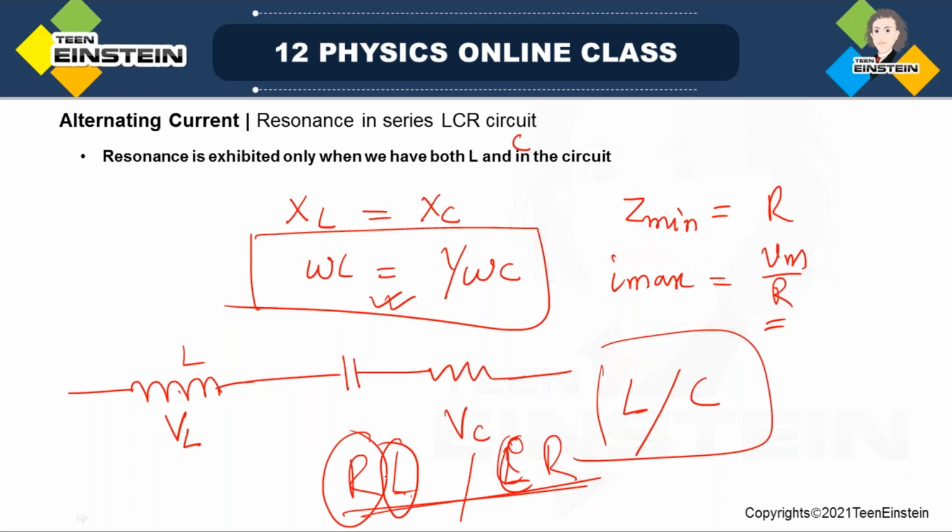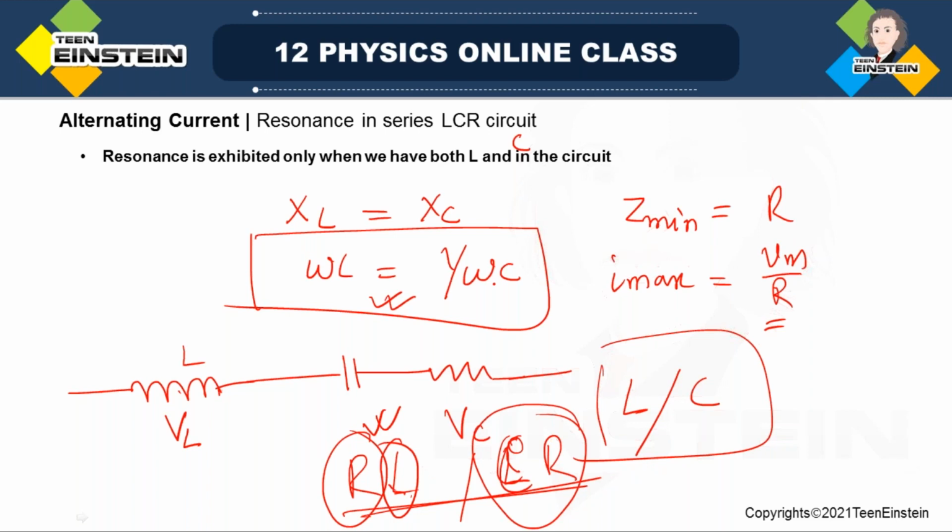So the current will not be maximum. In the CR case also the same thing. Unless L and C are together in a circuit, there will be no resonance.